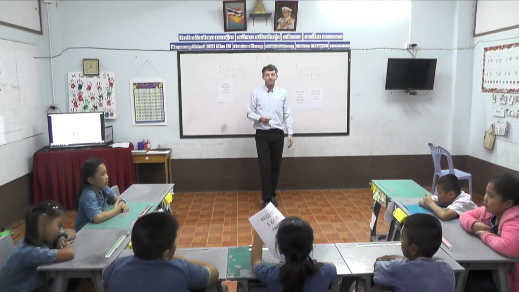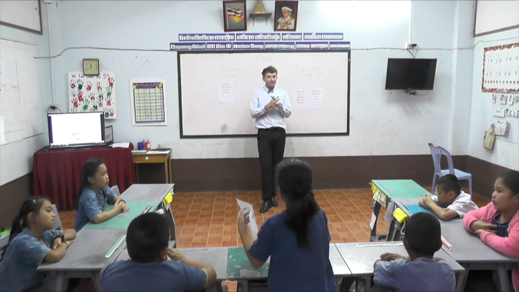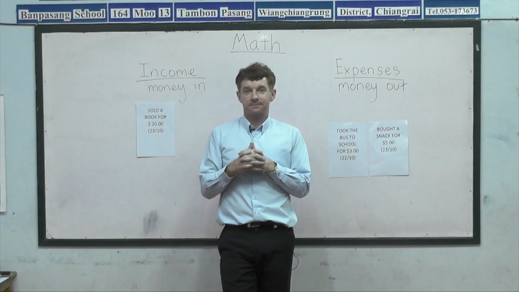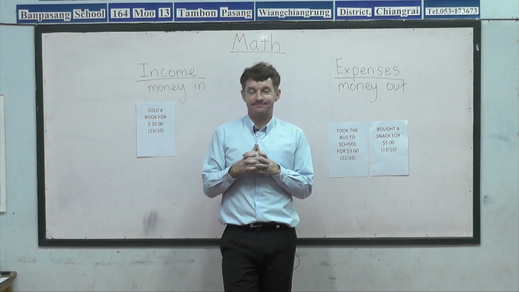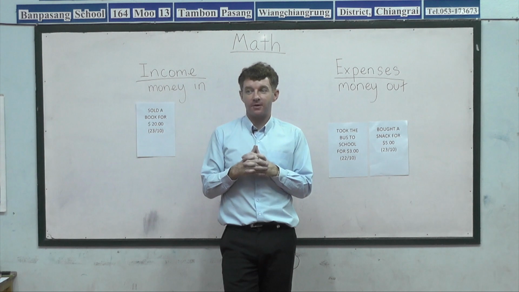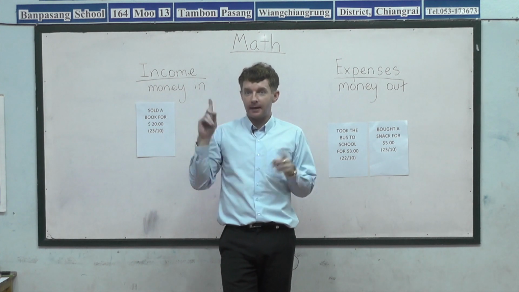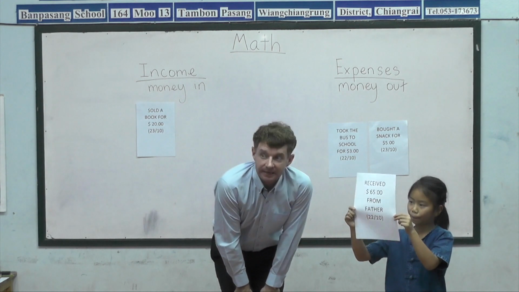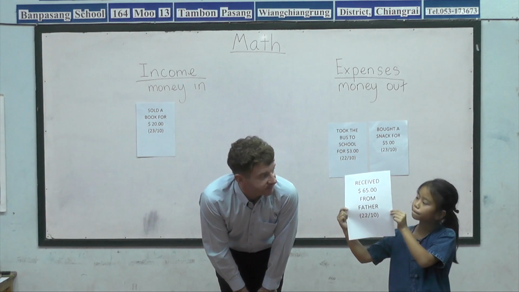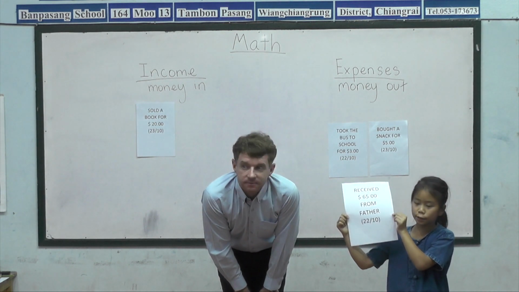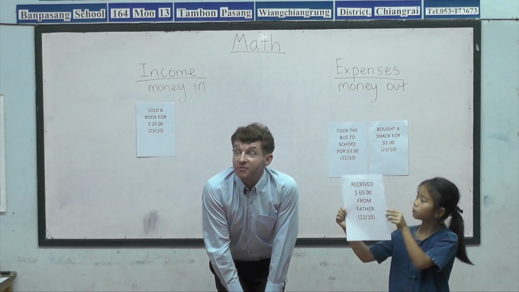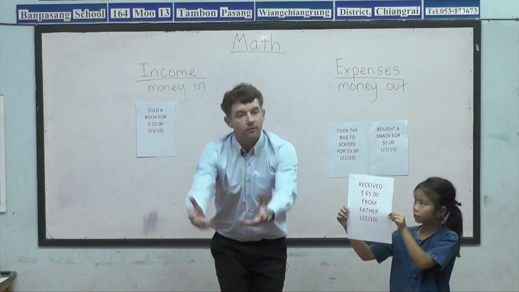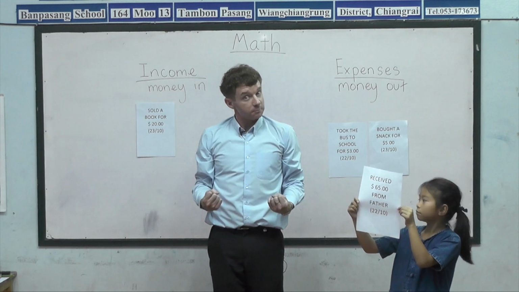Okay, who's next? Prel, come and join me at the front. Let's see what Prel's flashcard says. See if we can work out income or expense. Hold it up high. Received $65 from father. So if we receive, it's money in.